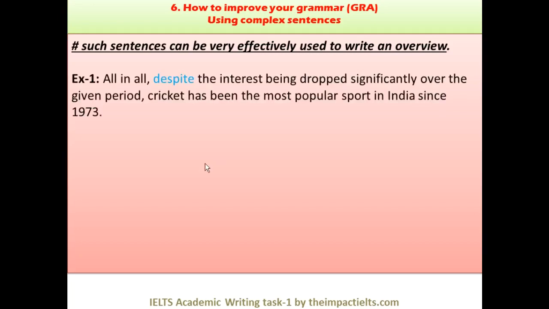Number one, all in all, despite, so this is the word that I'm using here: despite the interest being dropped significantly over the given period, cricket has been the most popular sport in India since 1973. So you can see that two sentences, one dependent and one independent, have been added together.